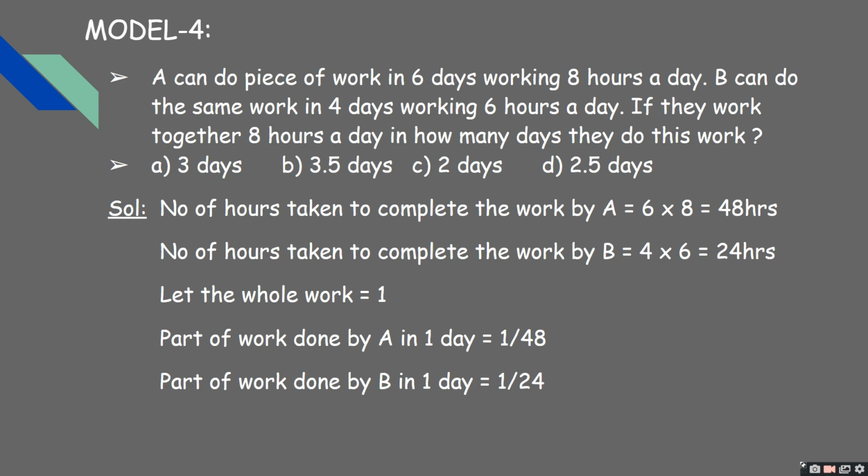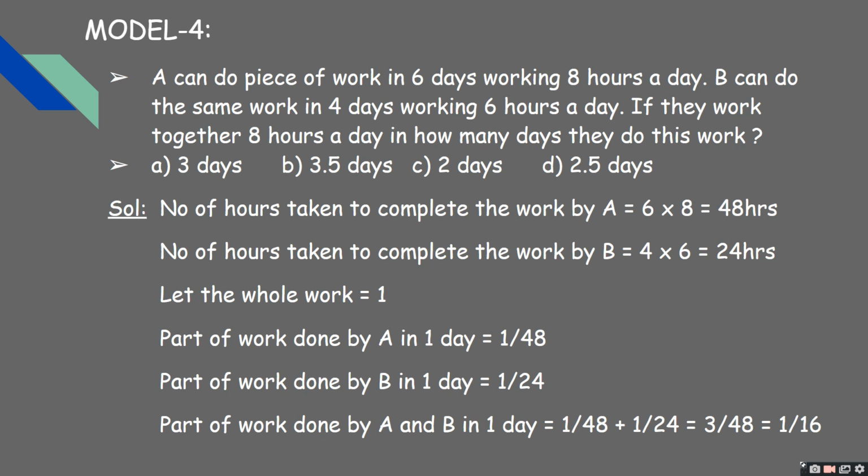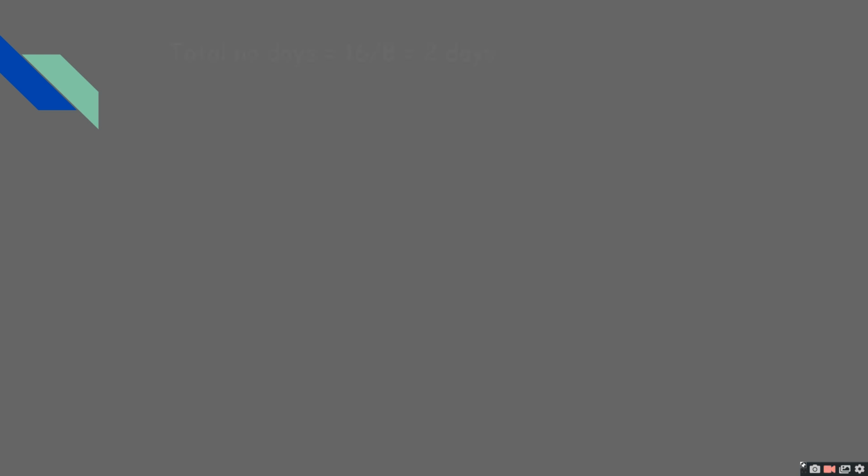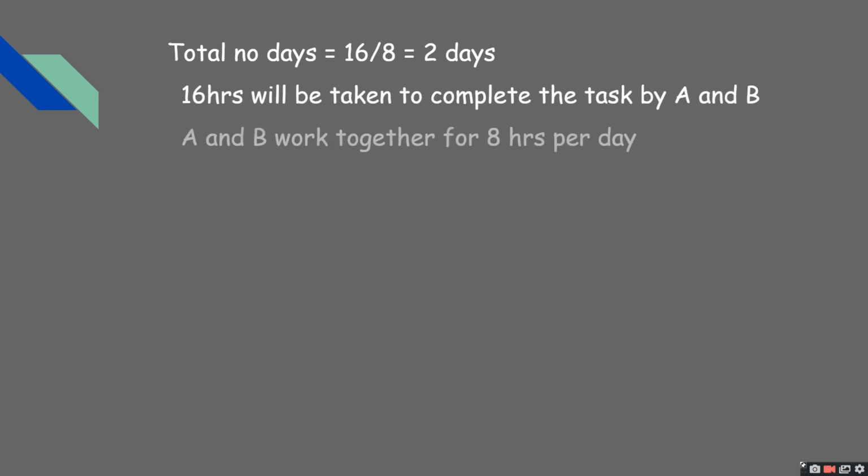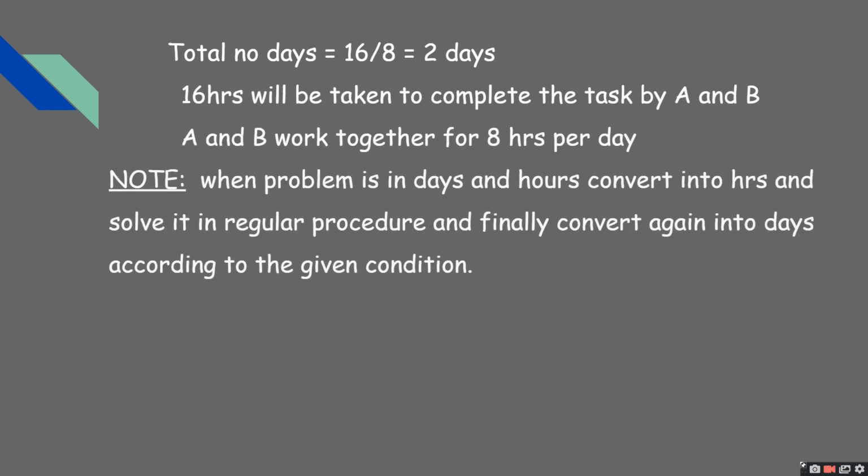So, the part of work done by A and B in 1 hour equals 1 by 48 plus 1 by 24, which gives 3 by 48, that equals 1 by 16. Here, the time was converted into hours, but we have to find the time in days. In the question, it is given that A and B work for 8 hours per day. We got that the work is done by A and B in 16 hours. Convert the hours into days, that implies 16 by 8 equals 2 days.